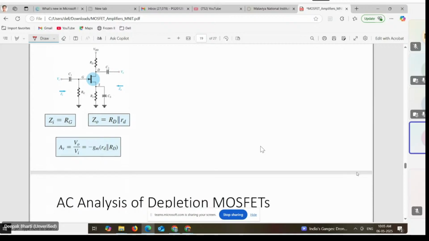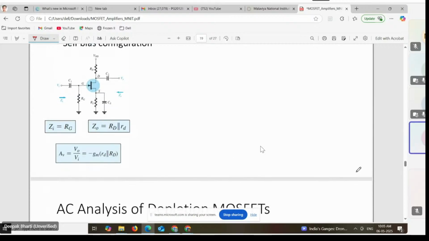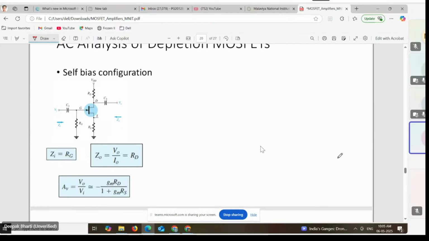Okay, so now we are going to begin our discussion with the self bias configuration only, but this self bias configuration will be slightly different than the previous one.